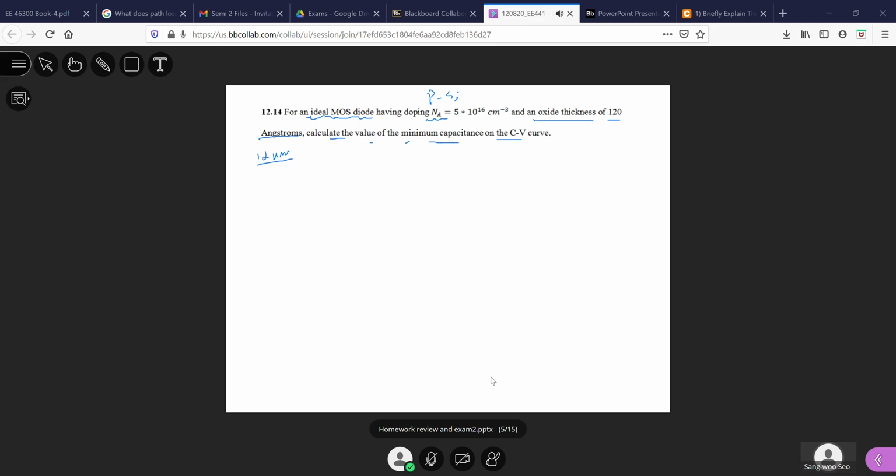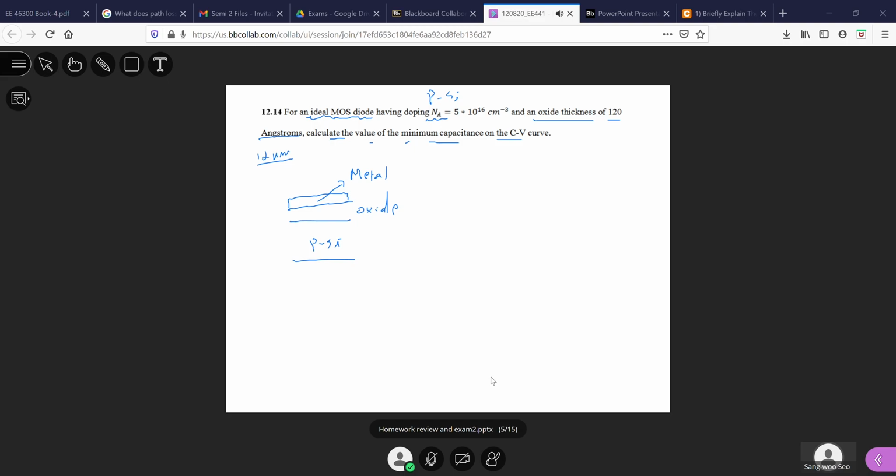So in the semiconductor, as we discussed, we have oxide and then we have silicon. Here is the P silicon, and then we have metal.